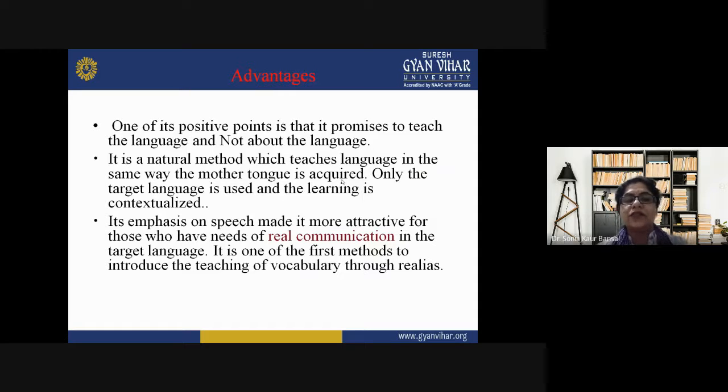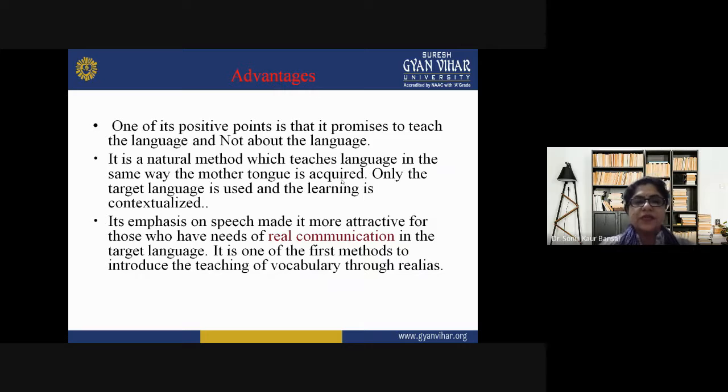Language learning is acquiring mastery over the language skills, which are listening, speaking, reading, and writing. So that's why it is said that it is teaching the language, not about the language. Definitely, if a student is well versed in the target language, then you can make out his performance by his speaking only. This direct method is emphasizing this point.